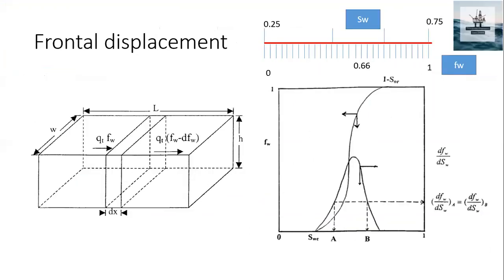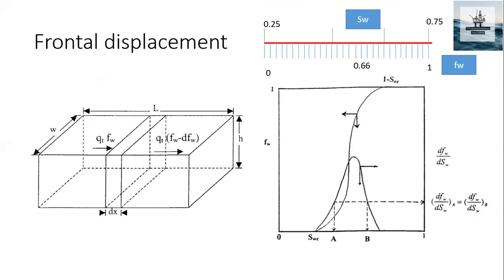Saturation of water starts at connate water saturation and it will end at residual oil saturation. That means it is not going to end at 100%. So 0.75 represents that the remaining 25% of pore volume is occupied by residual oil, and the remaining part is water.